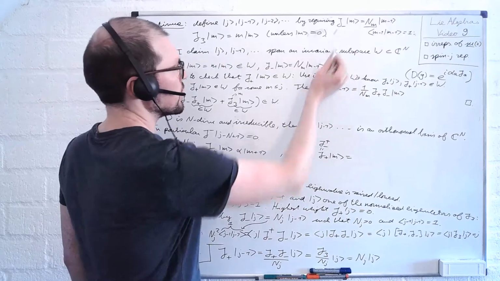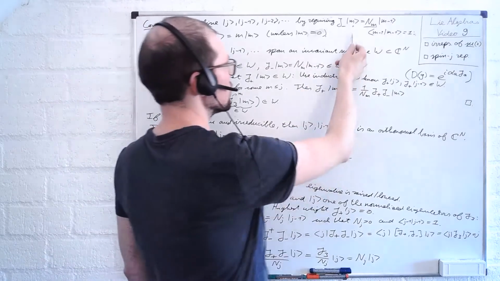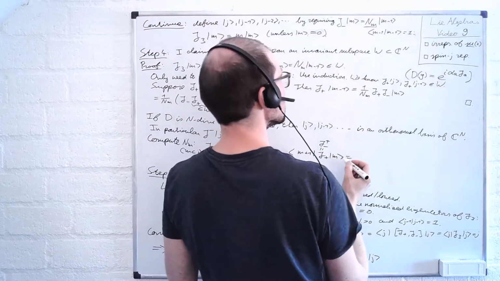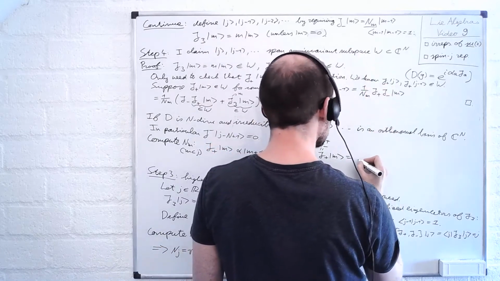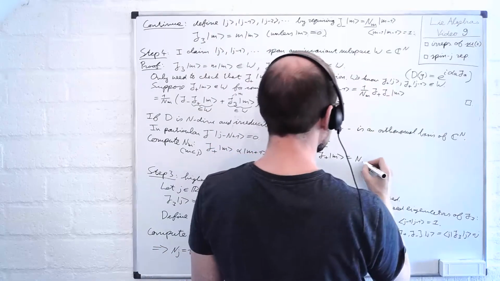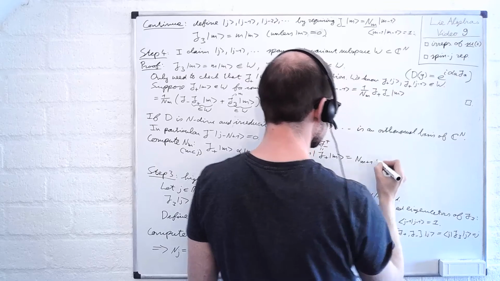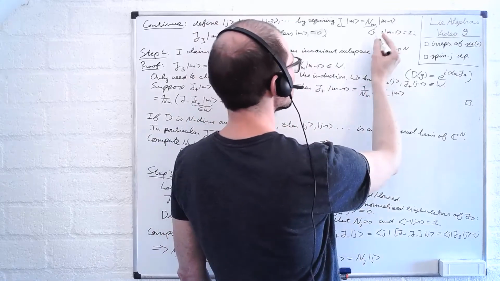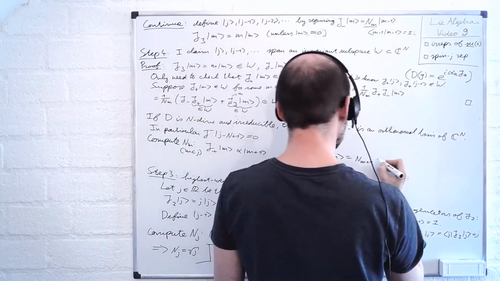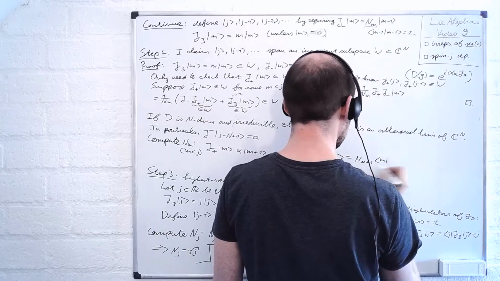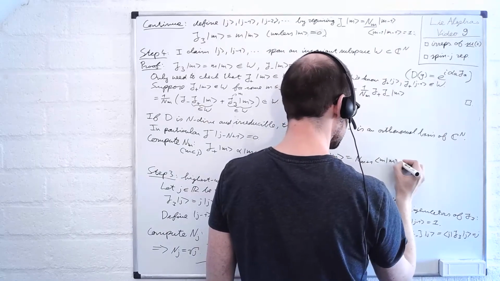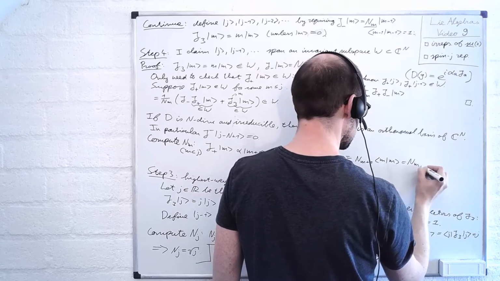And by our construction, we know that this is n m plus 1 times m inner product with m. So this is n m plus 1.